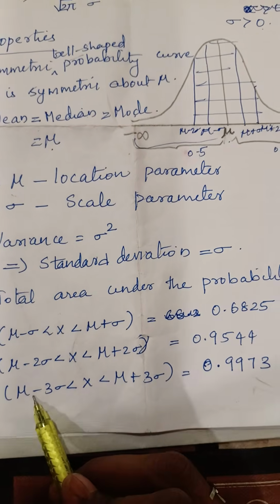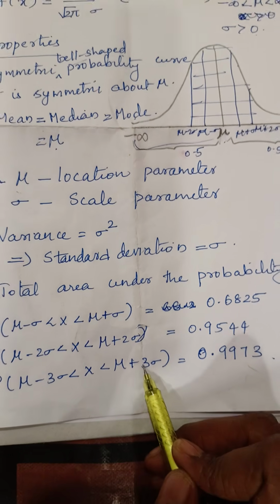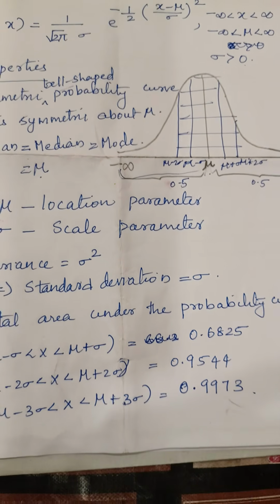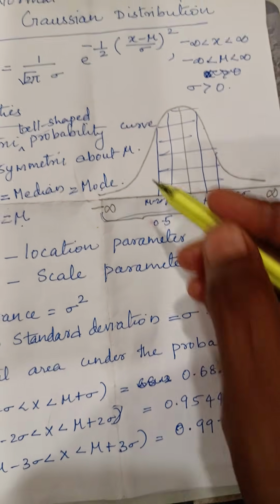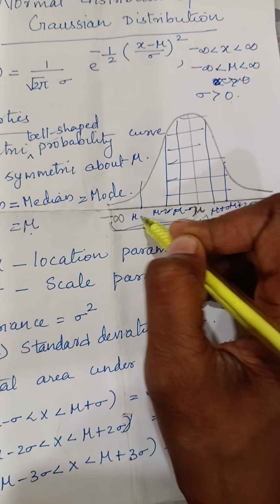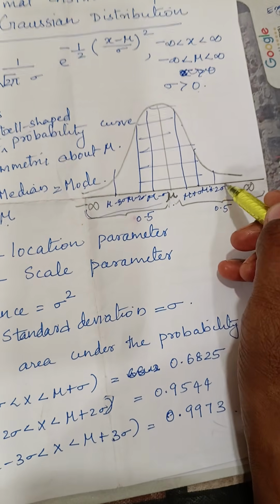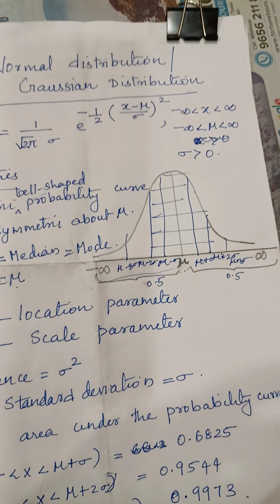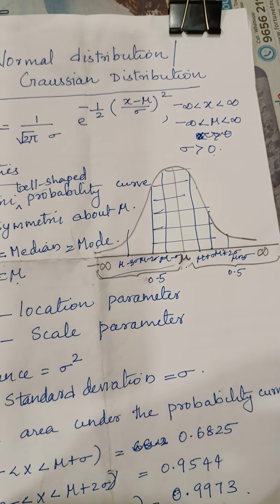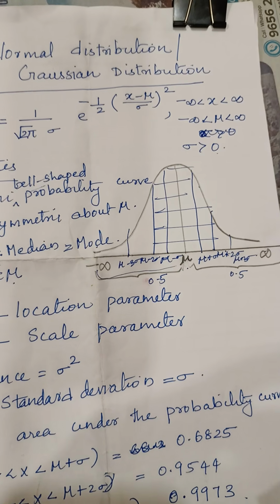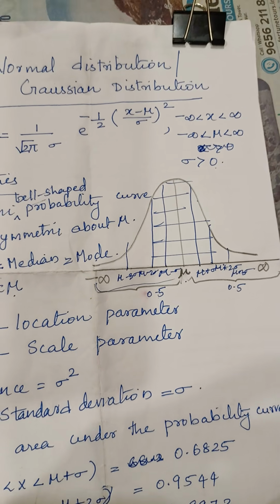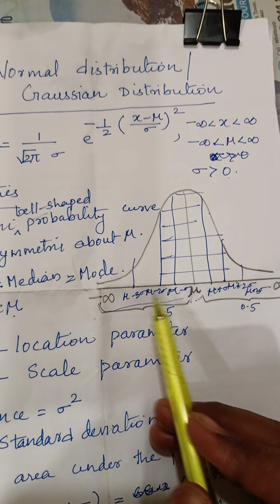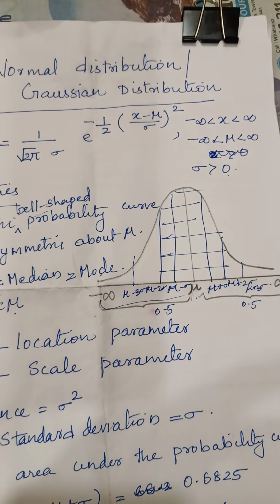And next, from μ minus 3σ to μ plus 3σ, we will have 99.73 percent of the data. So 99.73 percent of the data falls from μ minus 3σ to μ plus 3σ.